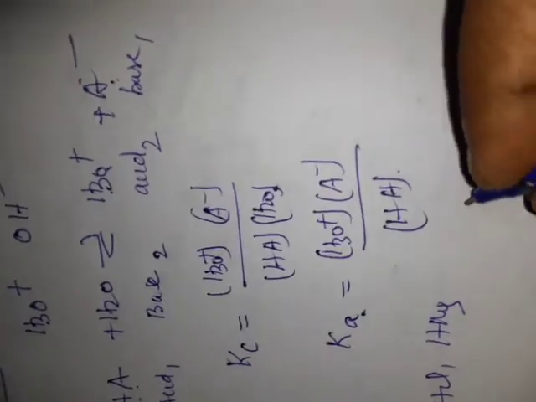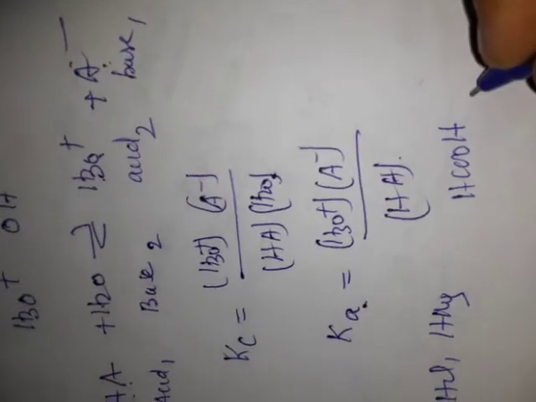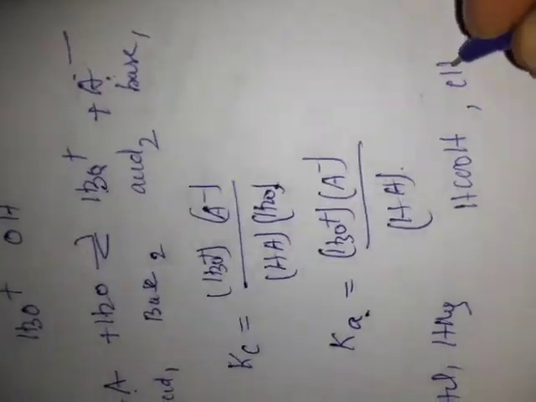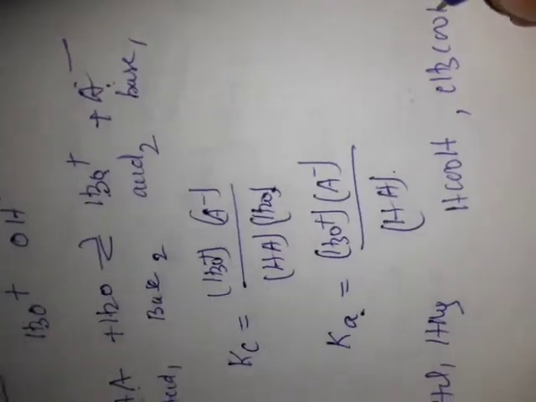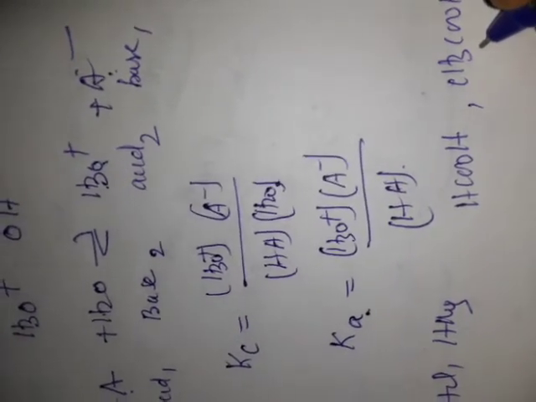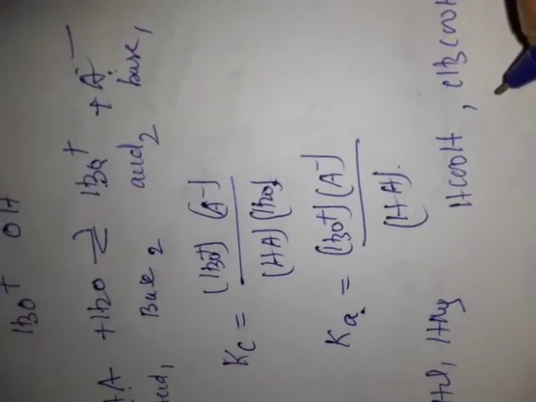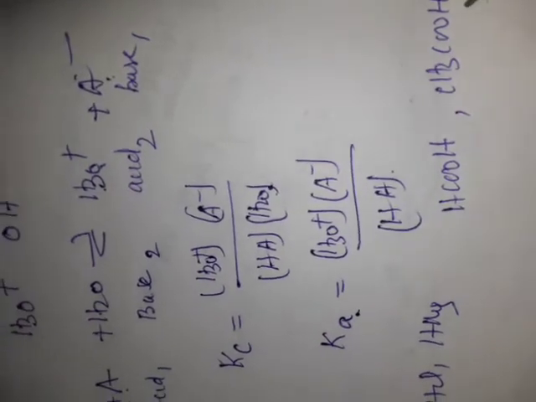But acids such as formic acid, HCOOH, and acetic acid, CH3COOH, are partially ionized in solution. Partial ionization means an equilibrium exists between the unionized and the dissociated forms.